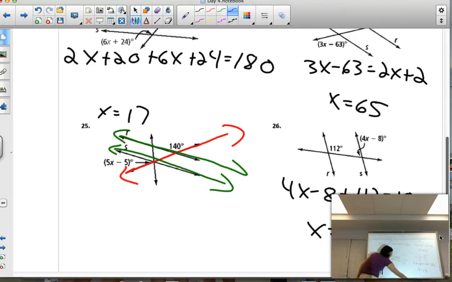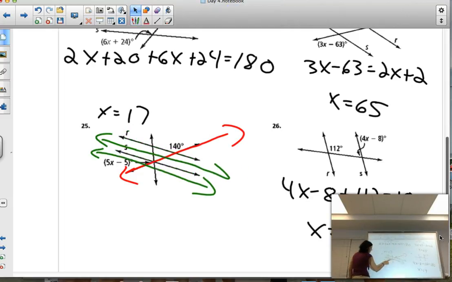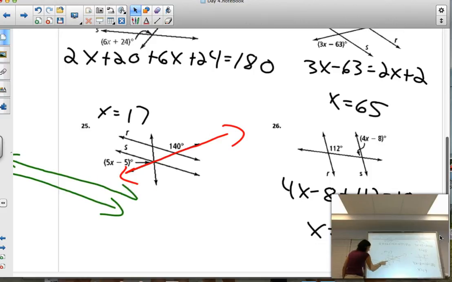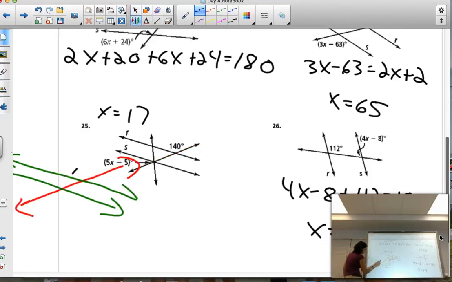So I'm going to rewrite this. This one was 140, and this right here is 5x minus 5. Now there's no relationship. These are on the same side, but they're exterior. There's no such thing as same side exterior.